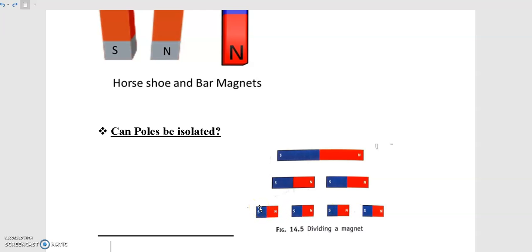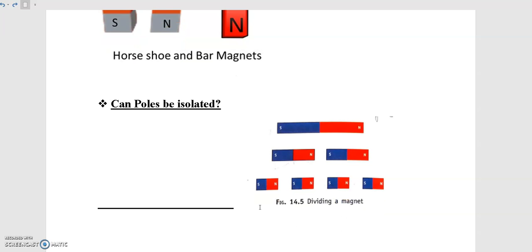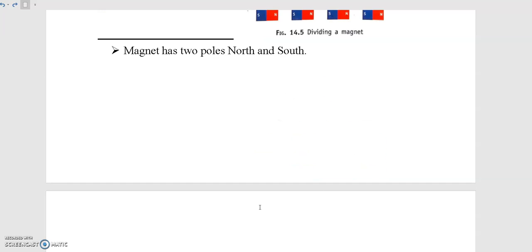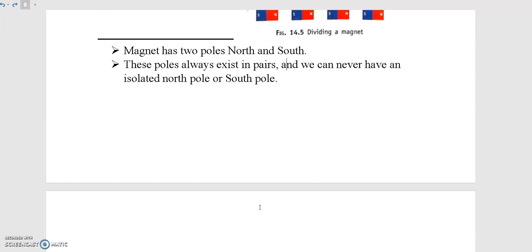If we continue doing this process, however small the magnets get, each will have its north and south pole. So we can say that a magnet has two poles, north and south. These poles always exist in pairs and we can never have an isolated north pole or south pole.